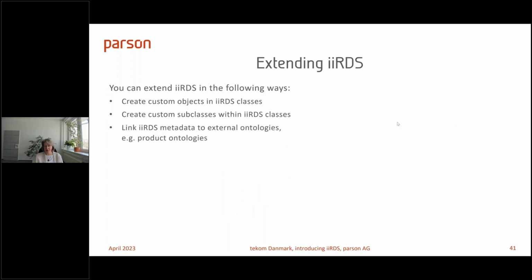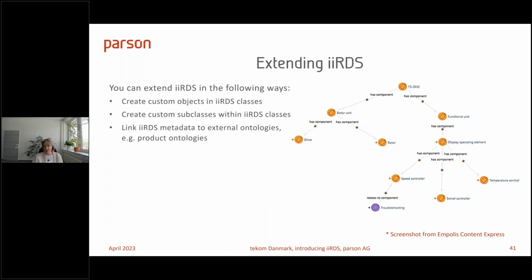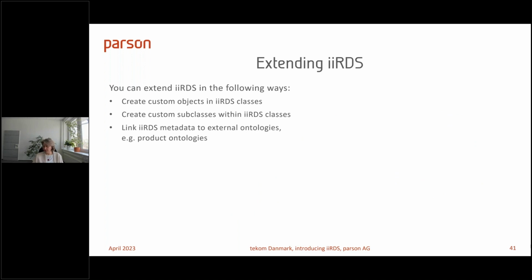So if you use iiRDS, you need to extend it. There is no project that we do that doesn't have an extension to iiRDS, and this is because of the extension points that I showed you: product variants, components, skill level, also classes like confidentiality, and iiRDS is open to that.